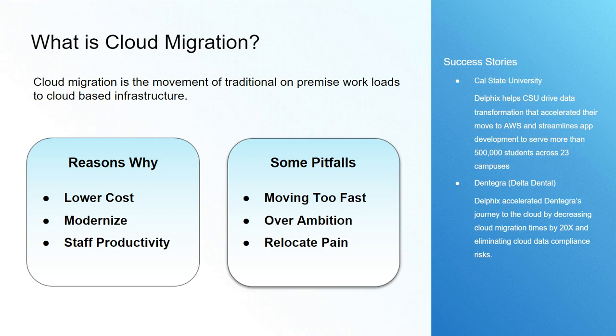Now, what can go wrong with a cloud migration project? Well, a couple things, maybe more than a couple, but some of the pitfalls that we try to minimize or eliminate are listed here on this slide. Running before you walk, or moving too fast, is probably the prime pitfall that I run into the most.